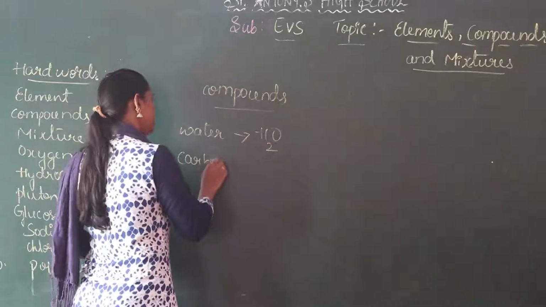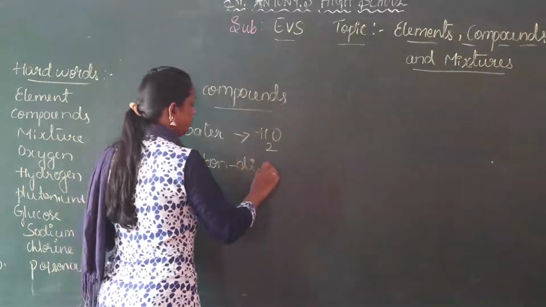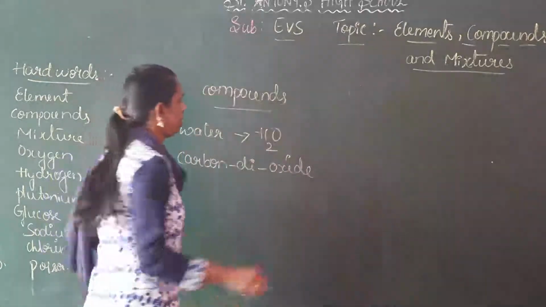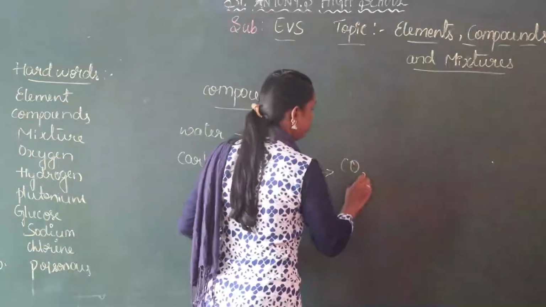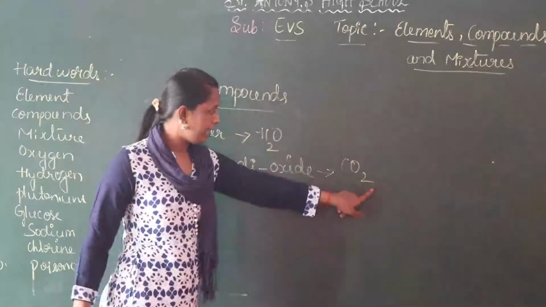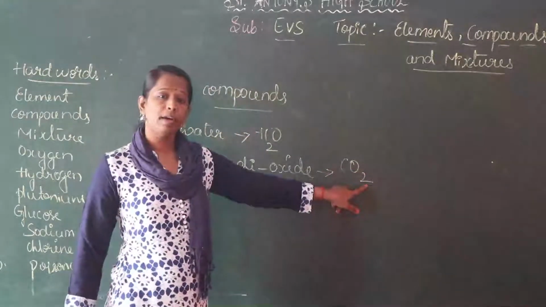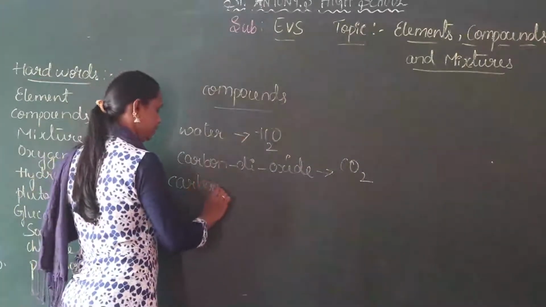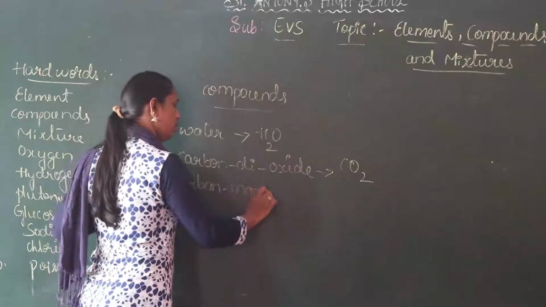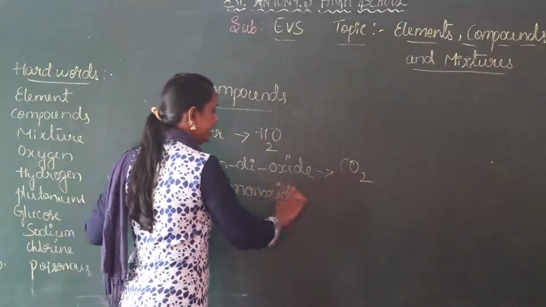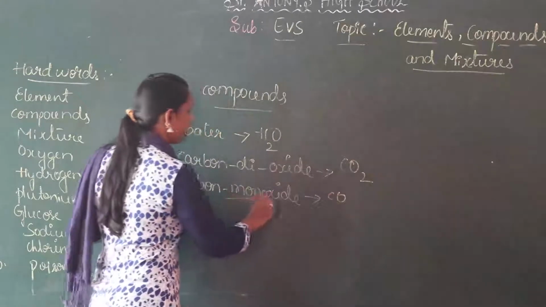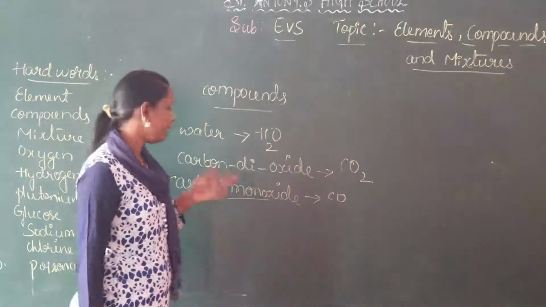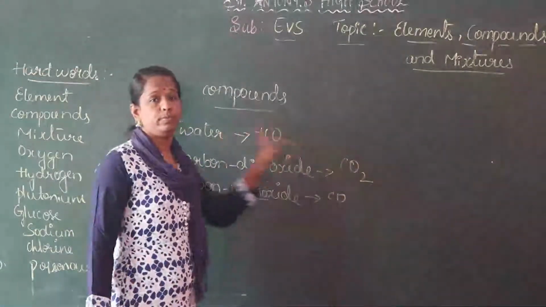Carbon dioxide: children, di means two, so here I will write CO2, carbon dioxide, two atoms of oxygen. Carbon monoxide, CO. Children, mono means what? One. So here I will write CO. Carbon dioxide means CO2.